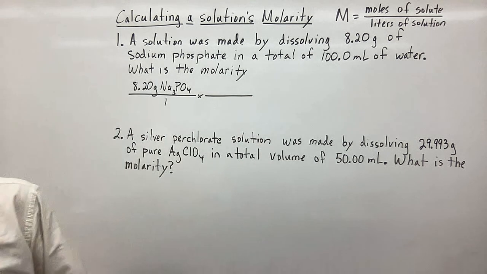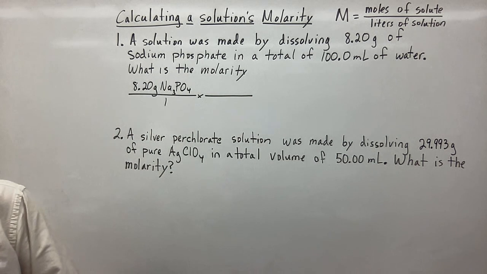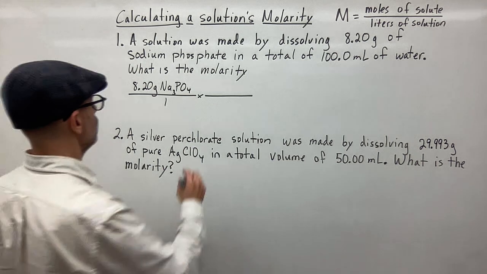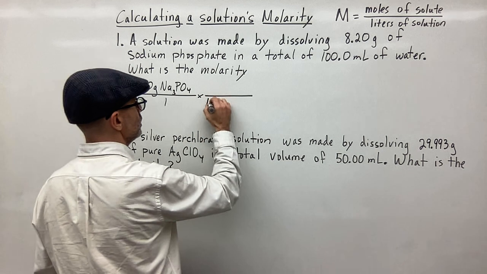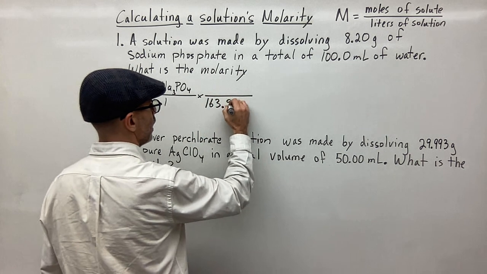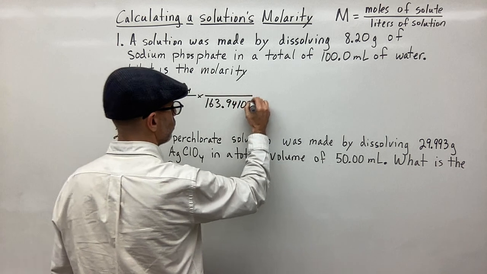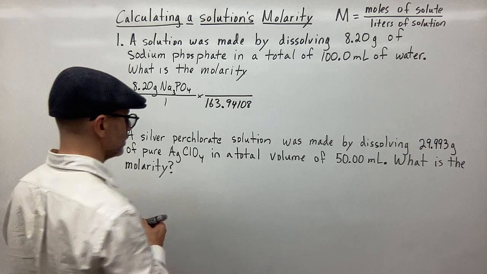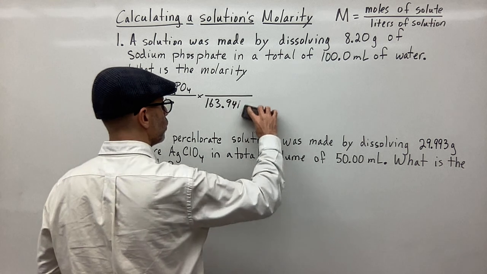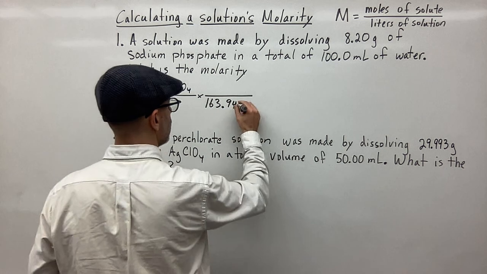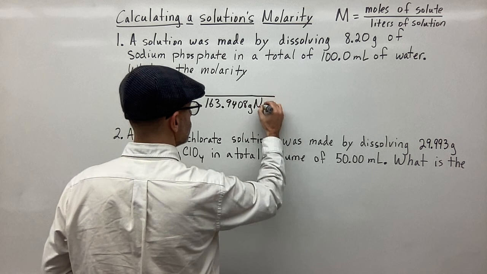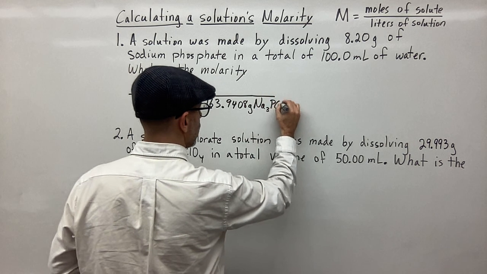And so the molar mass of sodium phosphate is 163.9408. Let me double check that again. 163.9408 grams of the sodium phosphate.